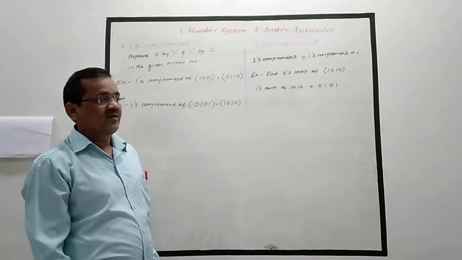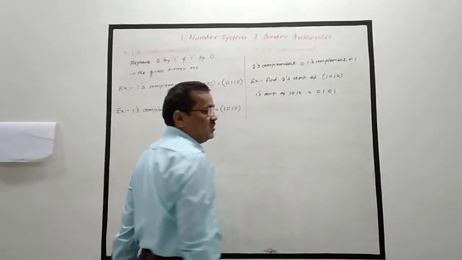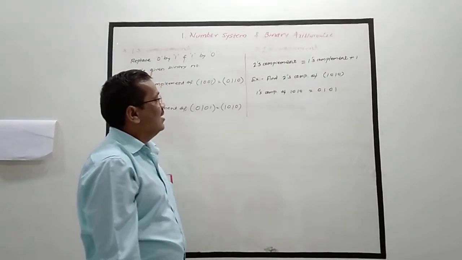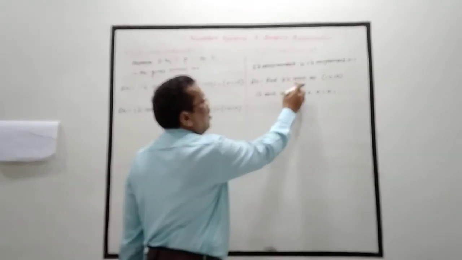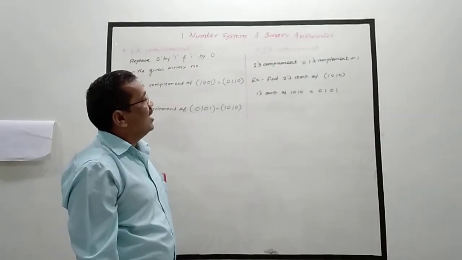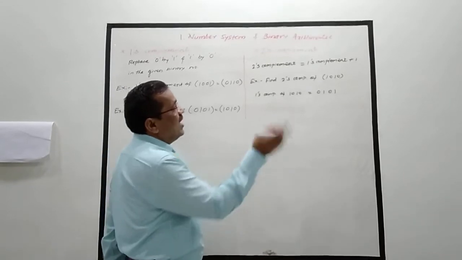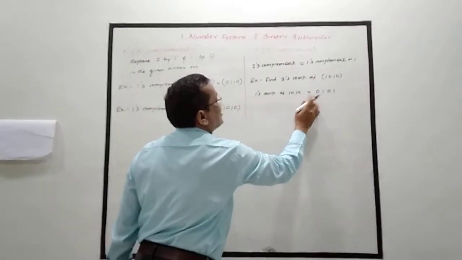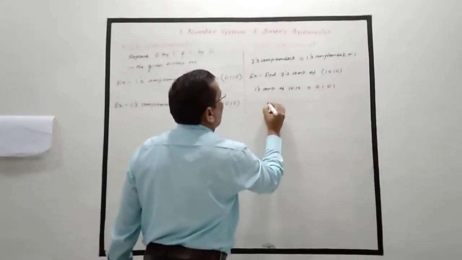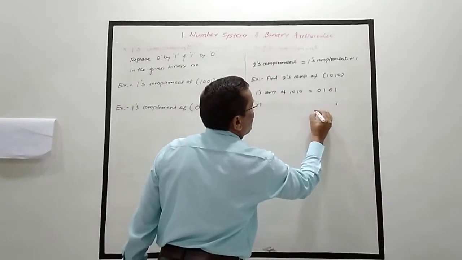Then, according to the definition, the 2's complement of a given binary number is formed by adding 1 to the 1's complement. This is the 1's complement. Now add 1 to the 1's complement.